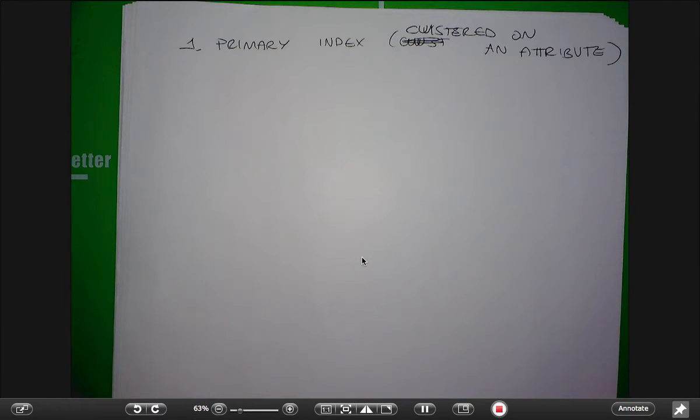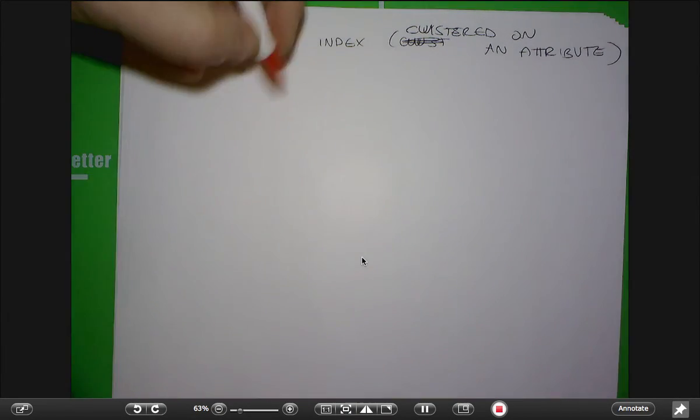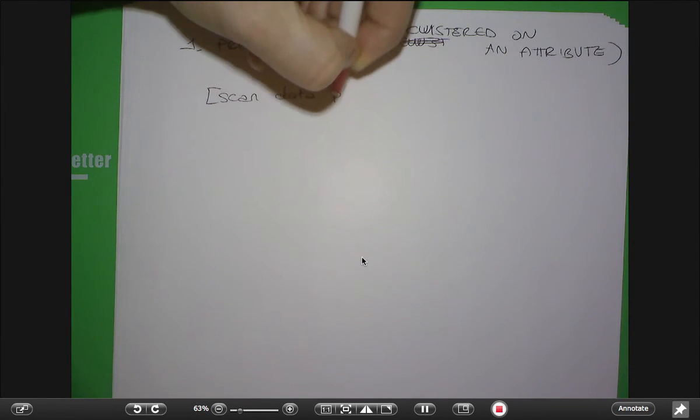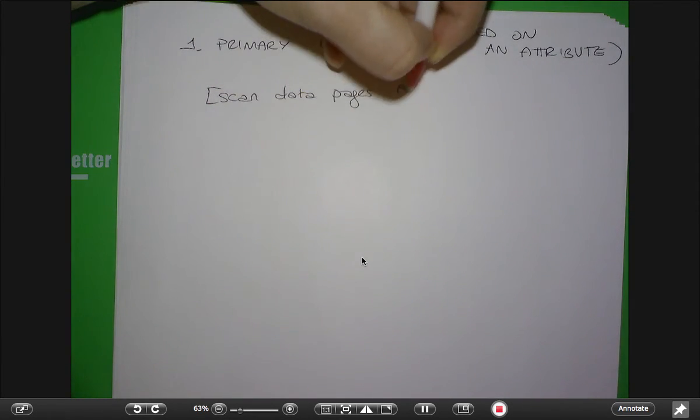This is the ideal case. If your relation is sorted, you can never beat the speed of this. If you want to really implement this and you know what your queries are, you would cluster your data, or even hash your data to different disks on whatever you're going to search for. This is the fastest possible way, because you will only scan data pages relevant to your query.